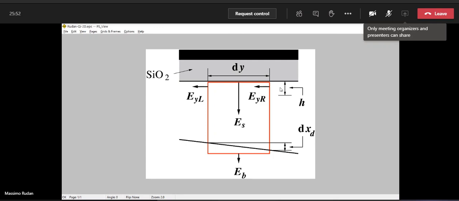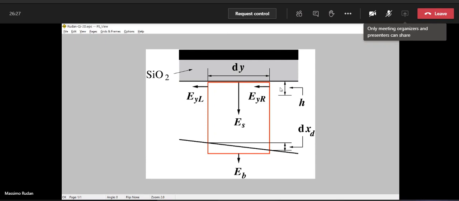So after these simplifications, we are back to the case of the MOS capacitor. Okay, the only difference is that the surface potential at the position of this red line is different from the surface potential in the other locations in the channel, but this was already accounted for during the integration that we have performed during the last lesson.